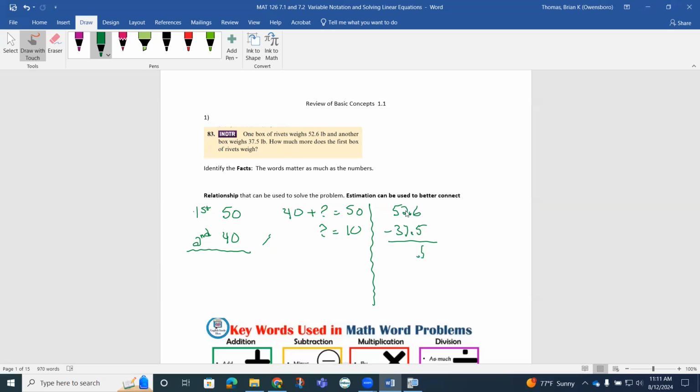But notice how 2 ones minus 7 ones is not possible. So I can borrow from the tens place, make that 4 tens, and this 2 now becomes a 12, which allows me to go 12 minus 7 is 5, and then 4 minus 3 would be 1. So I'm picking up that the answer would be it weighs 15.1 more pounds. So 15.1 pounds more.